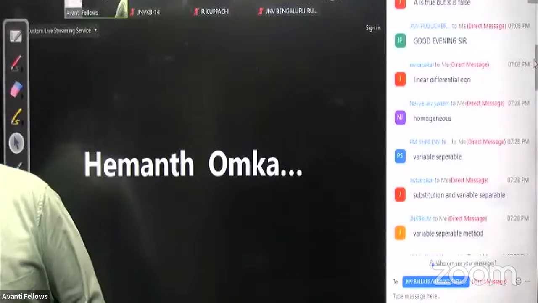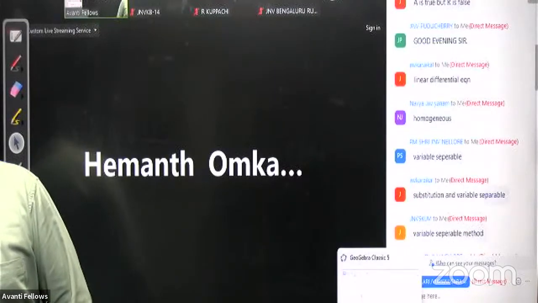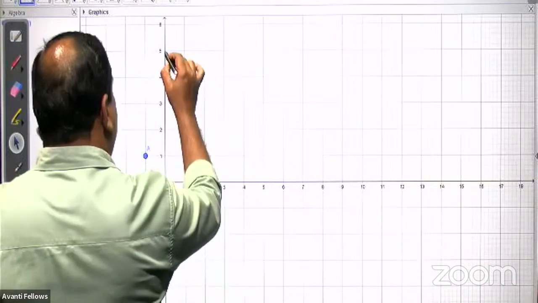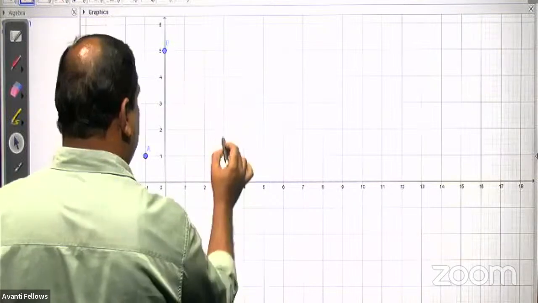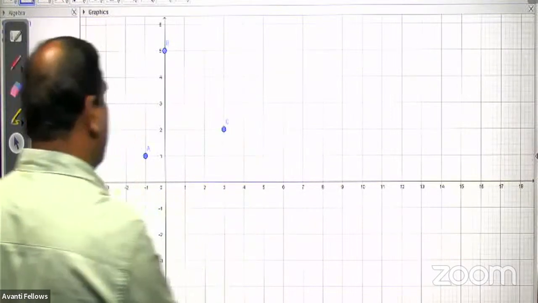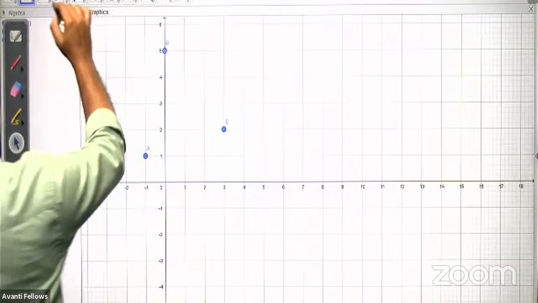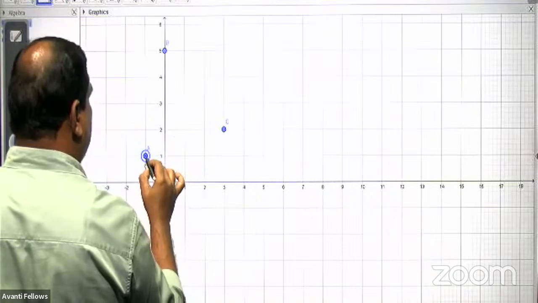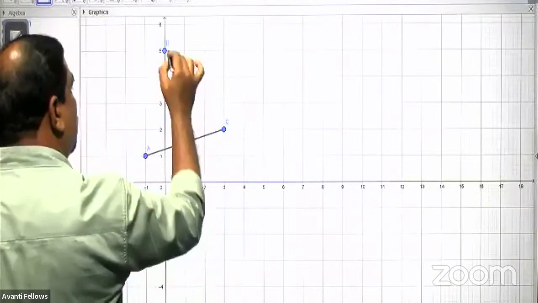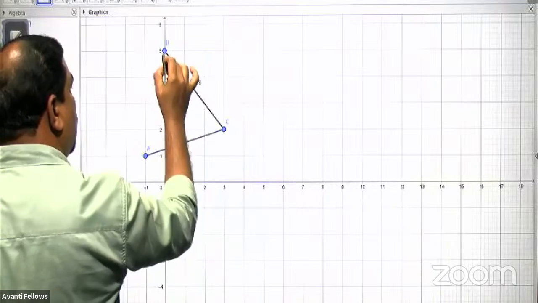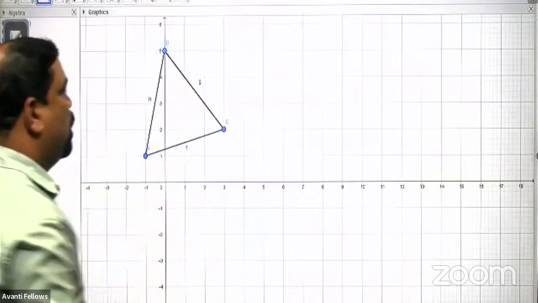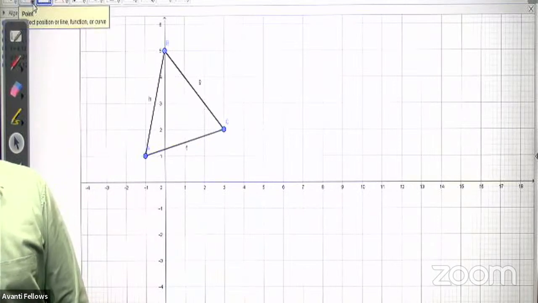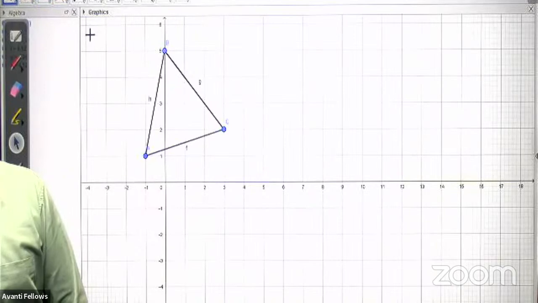And (3, 2). Okay, wait a minute. So if you join these, you will get a triangle actually. So the question is to find the area of this triangle.